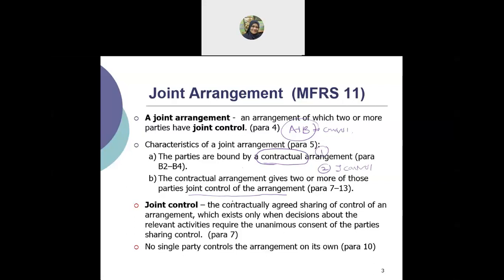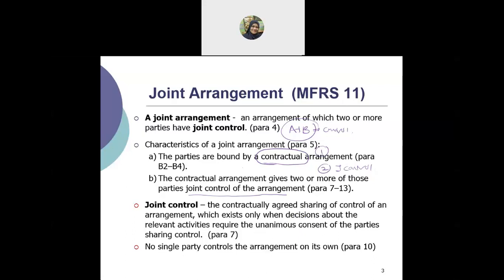Joint control here is the contractually agreed sharing of control of an arrangement, which exists only when decisions about the relevant activities require unanimous consent. Unanimous consent here means the agreed consent of the parties sharing control. So when these two parties join together, they have joint control.